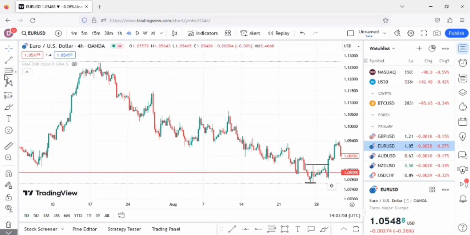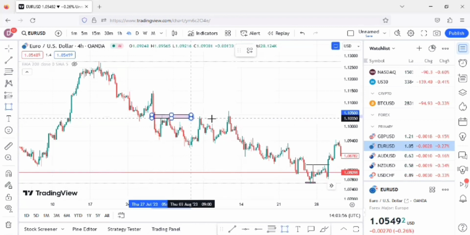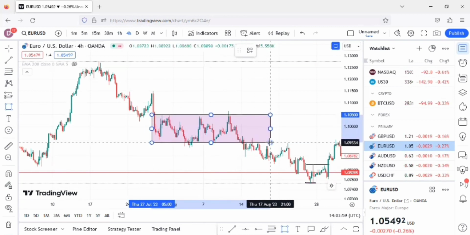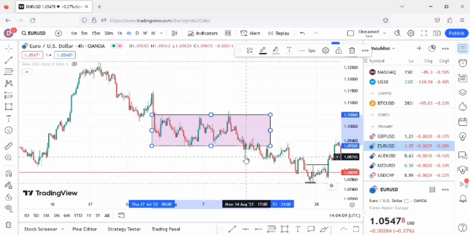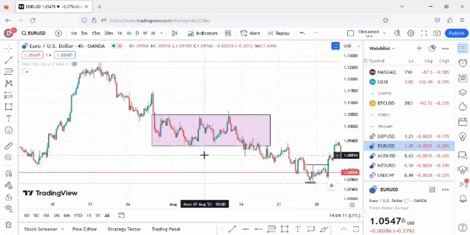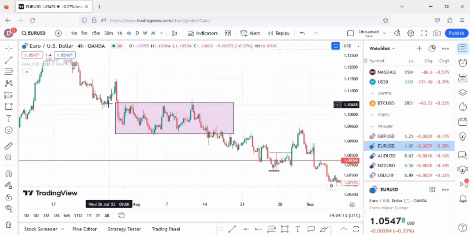You have a consolidation here. You can see that the price is not making a new high or low from here until there is a break. This is an example of a rectangle. Can't you see that it is in the rectangle now?